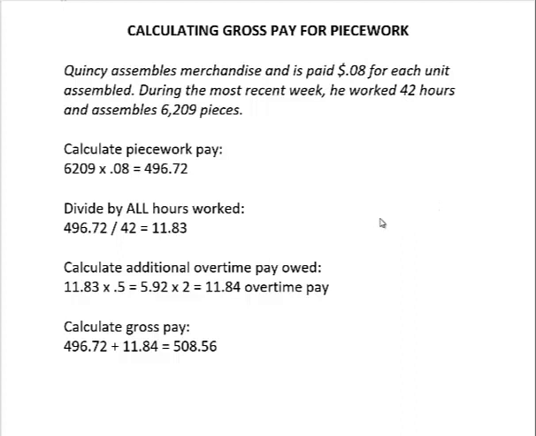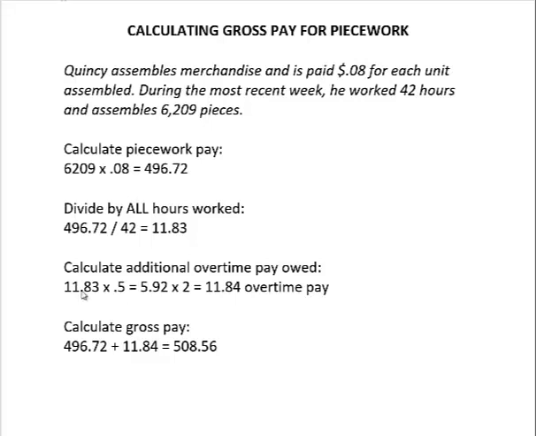Now it's time to calculate his additional overtime pay owed. So we will take his $11.83 and multiply it times a half. So he is considered already to have been paid his regular rate for the 42 hours worked. So now we're only going to give him the half that he is entitled to for the overtime.